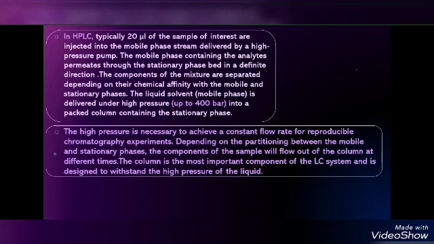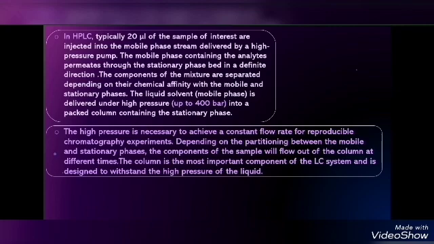The high pressure is necessary to achieve a constant flow rate for reproducible chromatography experiments, depending on the partitioning between the mobile and stationary phases. The components of the sample will flow out of the column at different times.